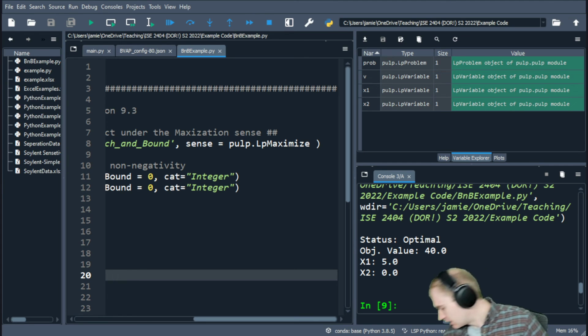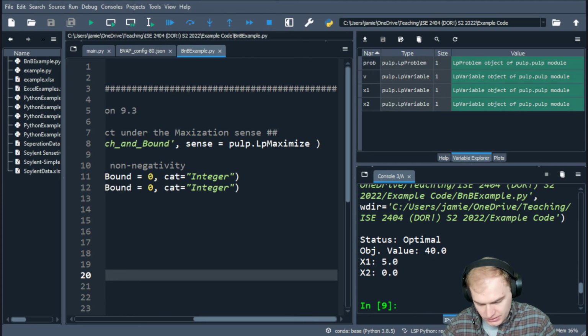I'm not sure off the top of my head what the time complexity of branch and bound is. Let me see if I can look it up. Well, they're exponential.